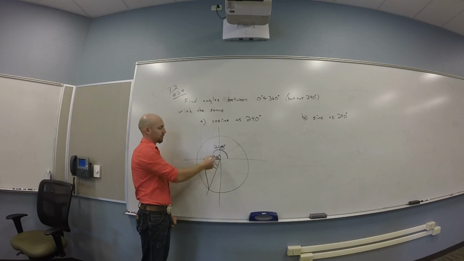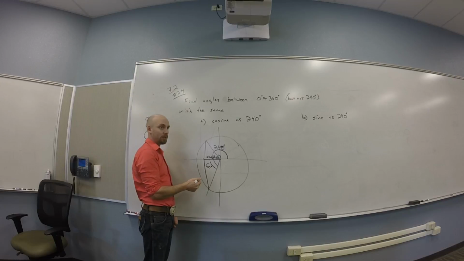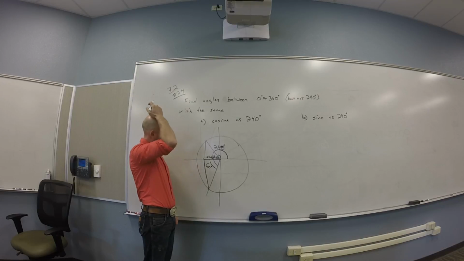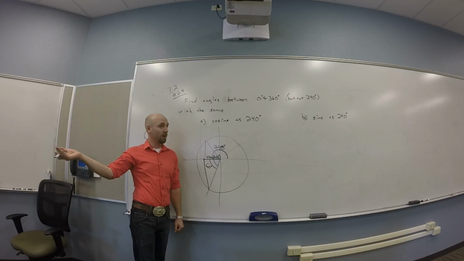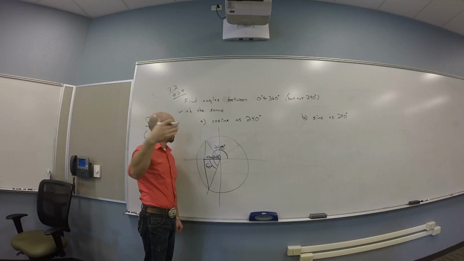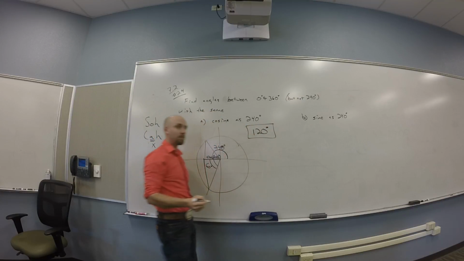So it's got to be this one here. What is that angle there? You just have a 60. It's 180 minus 60, which is 120. 120 degrees, so that's the answer for part A.